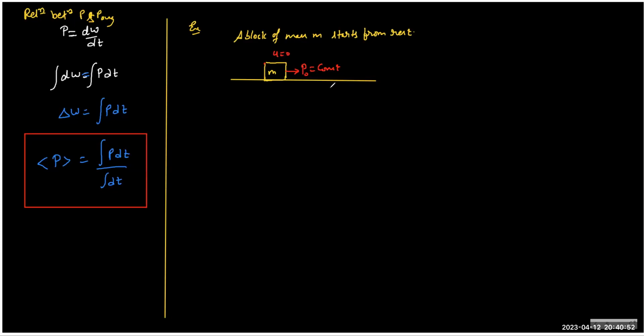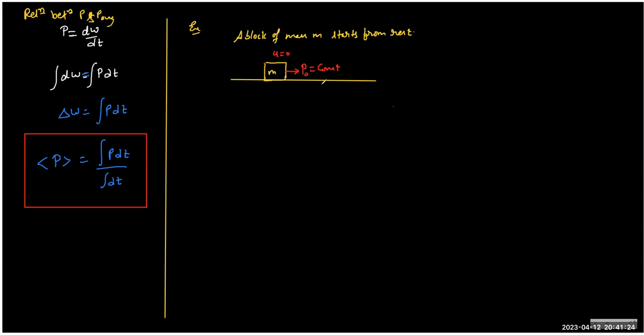What is the definition of power in one dimension? Force into velocity, right? And if F into V is constant, then as V increases, F must decrease. So a constant power in this case represents a decreasing force. The agent is manipulating the force to keep the power constant.